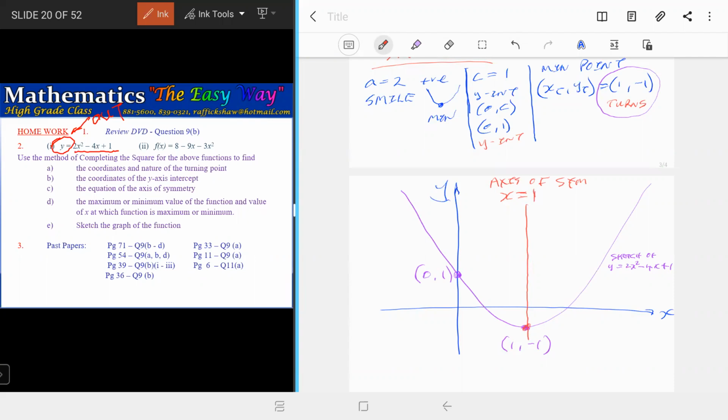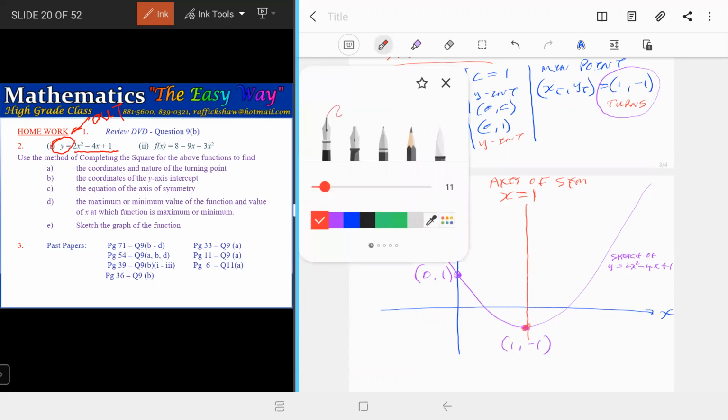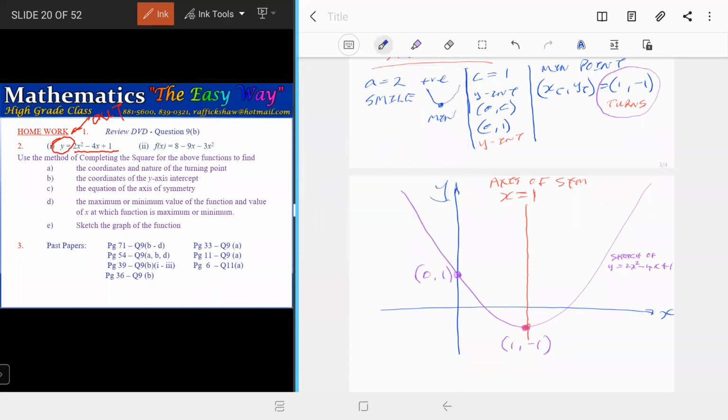That's my graph. And as I said, the distance on this side is equidistant to that side. Such that, for example, these two roots, which we're not finding today, this root and this root, are the same distance from the axis of symmetry, because that's a line of symmetry. It divides the graph into two equal halves.